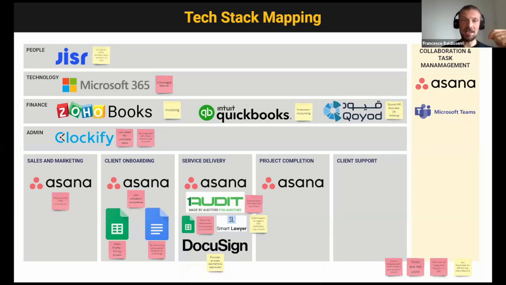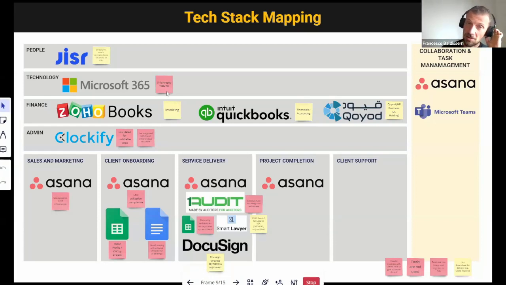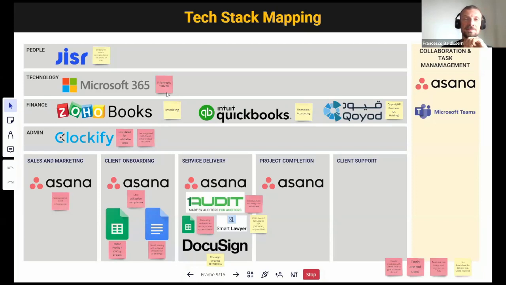So here, we do a simple mapping of what tools are currently used and what the issues are. We see that several issues are not really related to the tools per se. Sometimes you have tools that are not used.